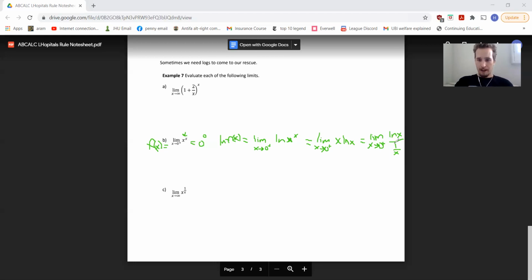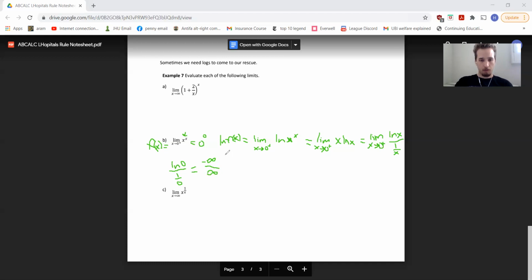Okay. And now let's make sure that we need to use L'Hopital's, right? We plug that in. We get ln of 0 over 1 over 0, right? And we get negative infinity. 1 over 0 is infinity.